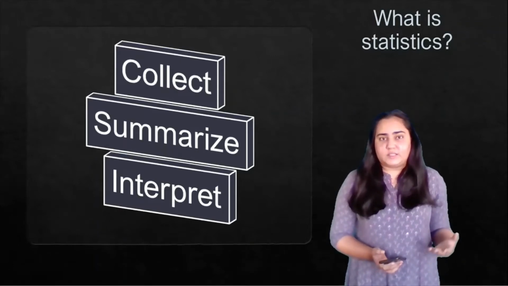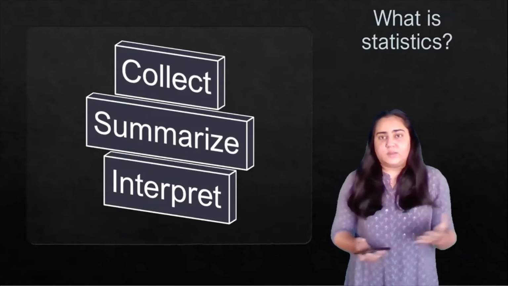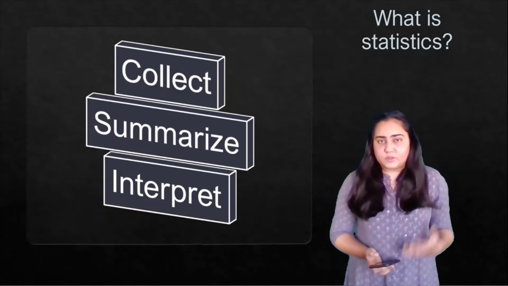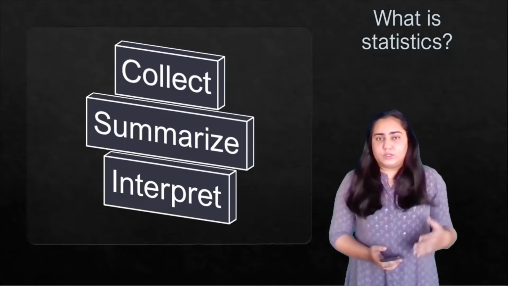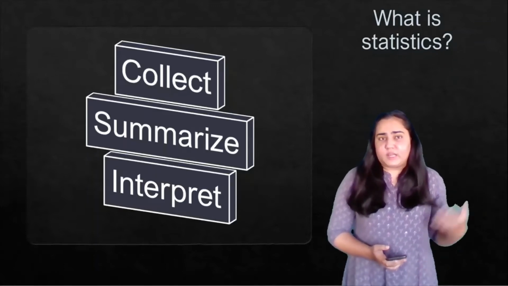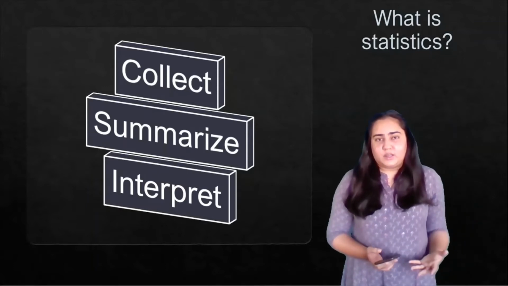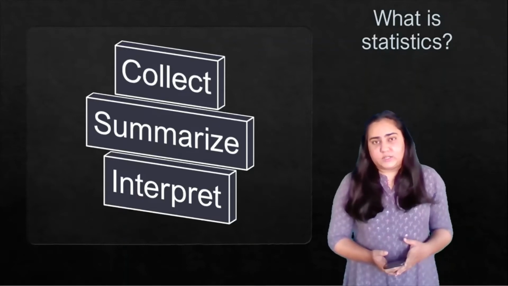So to summarize is when you have something large and then you convert it into something smaller so that you can easily understand it. So that is what summarize means. And a very good example of summarization would be just to apply mean, median, or mode, which are very basic statistic measures, which I'm sure you must have studied in school.